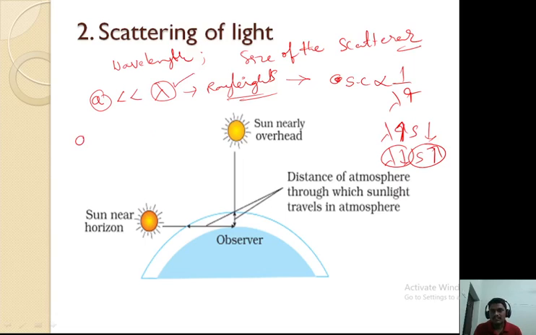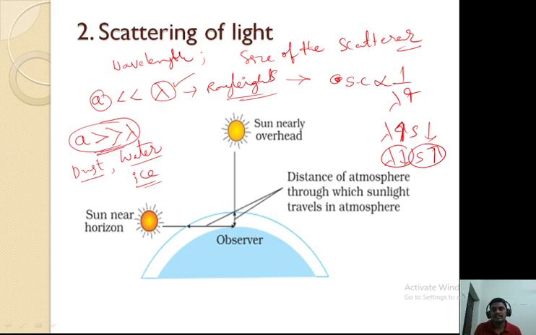But when the size of the scatterer is very much greater than the wavelength of light, then light behaves differently. For large scatterers like dust particles in the atmosphere, water droplets and ice, light behaves differently.